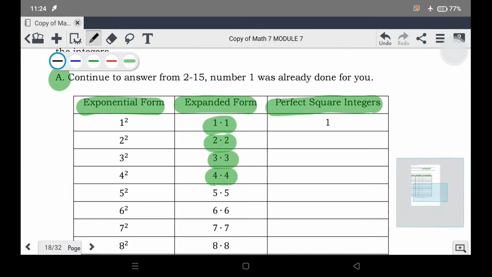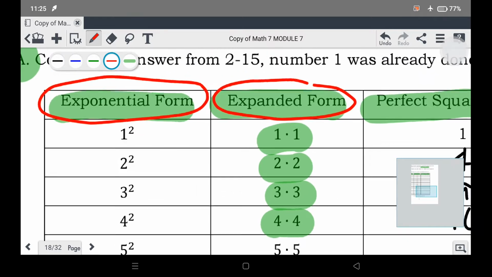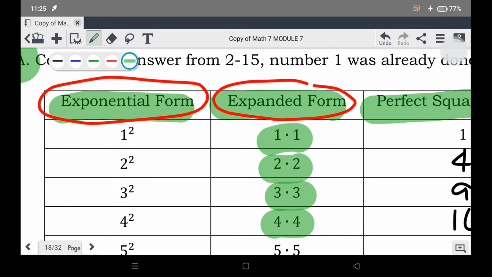2 times 2 is equal to 4. Then 3 times 3 is equal to 9. For 4 times 4, you have 16, and so on. Now, this expanded form has another form called an exponential form. You notice that there is a little number 2 at the upper right corner of the number.